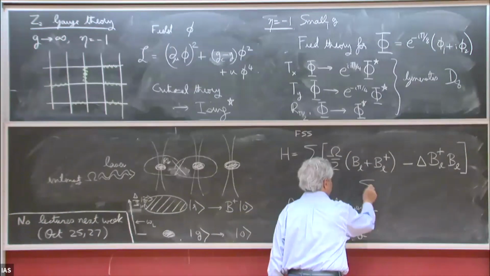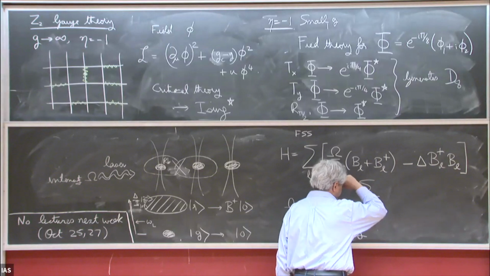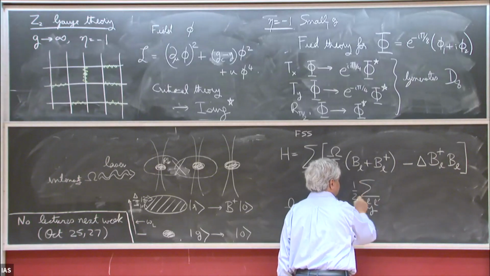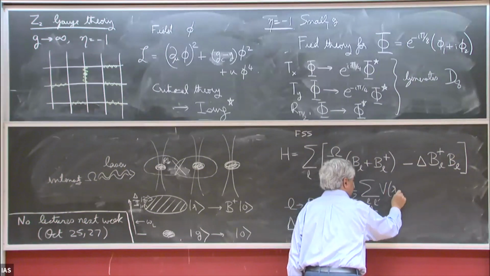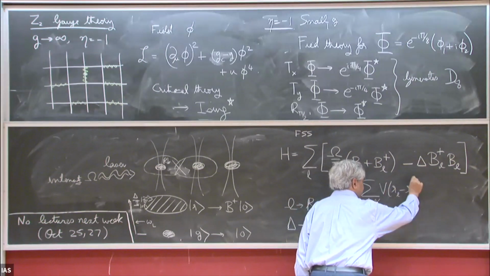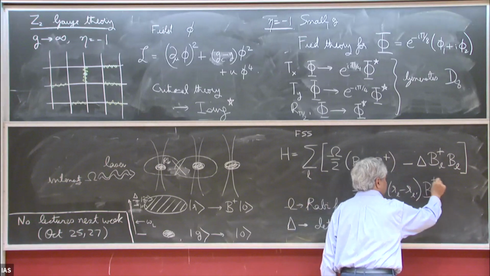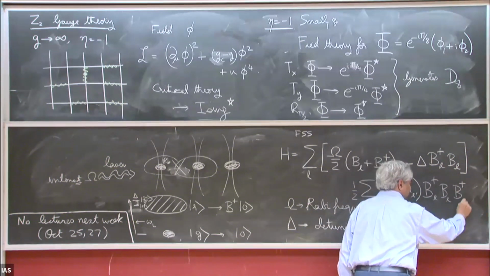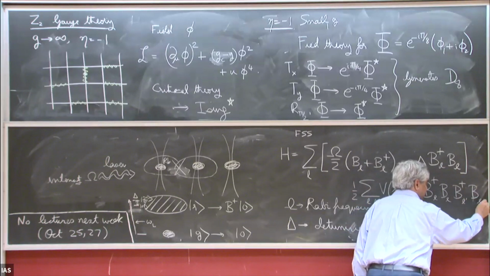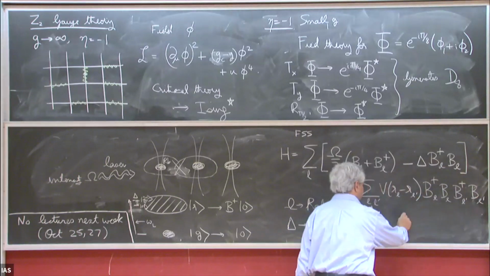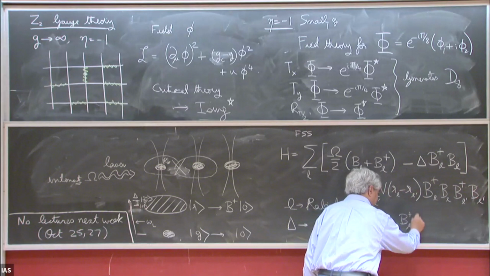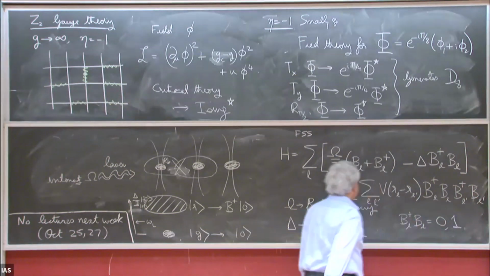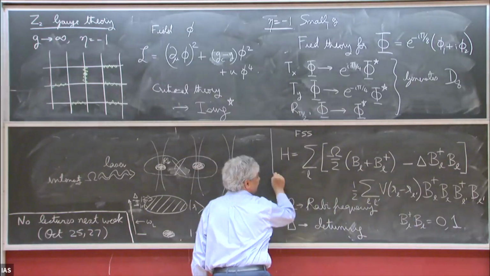So there'll be some sum over L, L prime of some potential V of R_L,L', b_L dagger b_L b_L' dagger b_L'. And then, of course, we have to remember the constraint: b_L dagger b_L can be only 0 or 1. Okay, so that's the whole story.